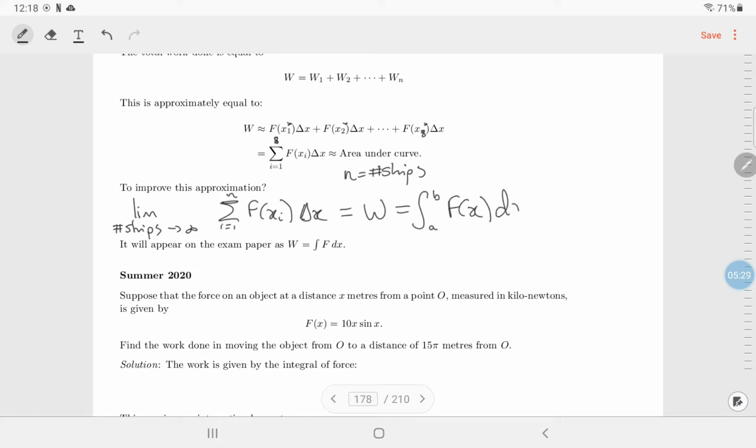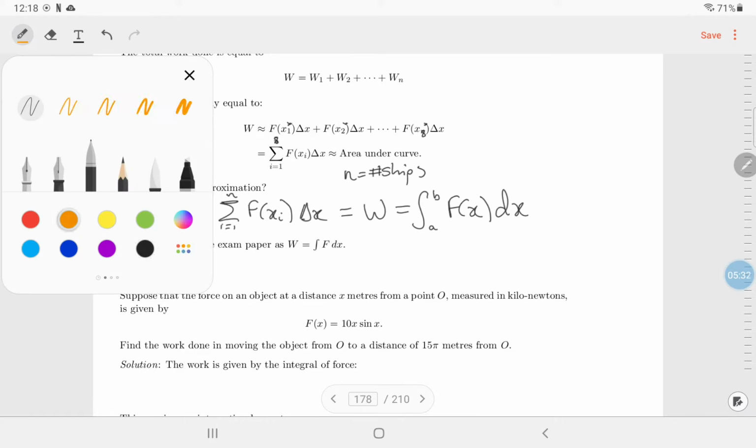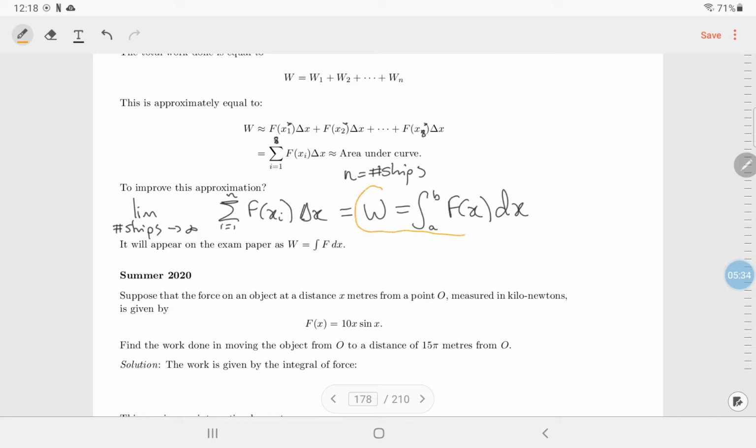And so you just take that second bit there, that work is the integral of force. Okay, and you can actually understand this sigma as a sum. It's the letter S, it stands for sum, and dx.